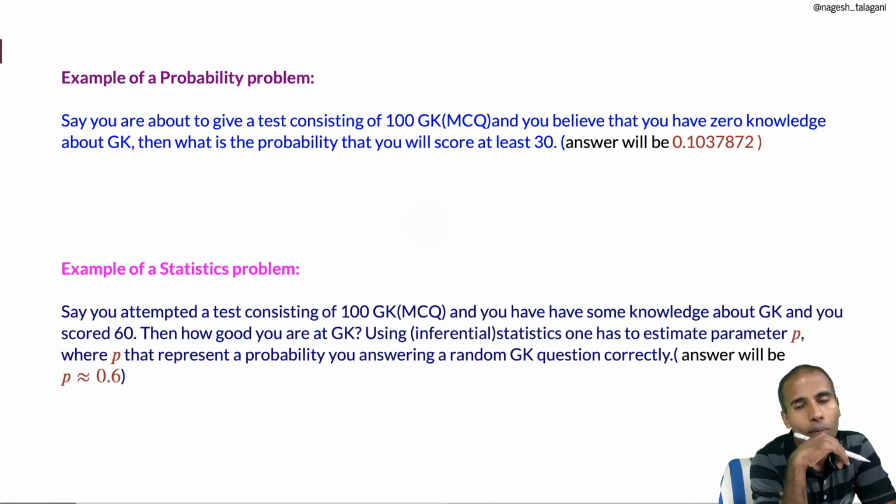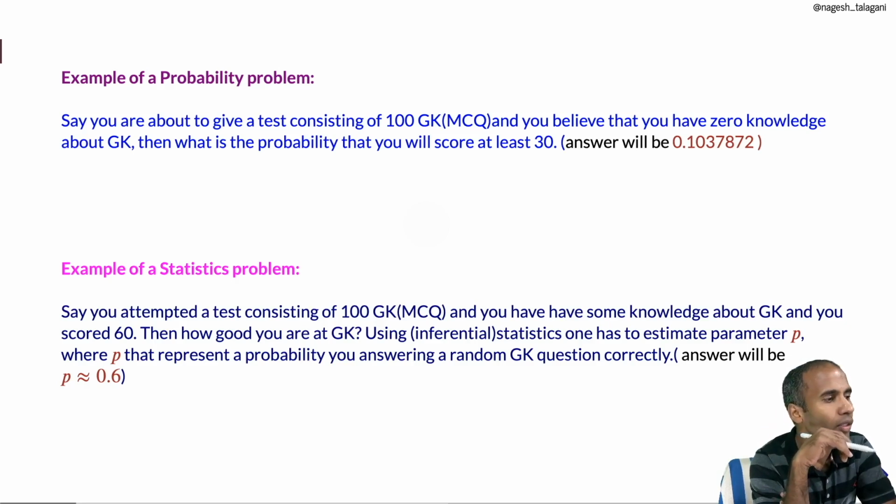Now, an example of a statistics problem. Say you attempted a test consisting of 100 GK multiple choice questions, 4 options, no negative marking, and you have some knowledge about GK. So you do read the question before you pick an option, and you scored 60. Then the question is how good you are at GK. That means using inferential statistics one has to infer a parameter about you, say P, which represents the probability of you answering a random GK question correctly.